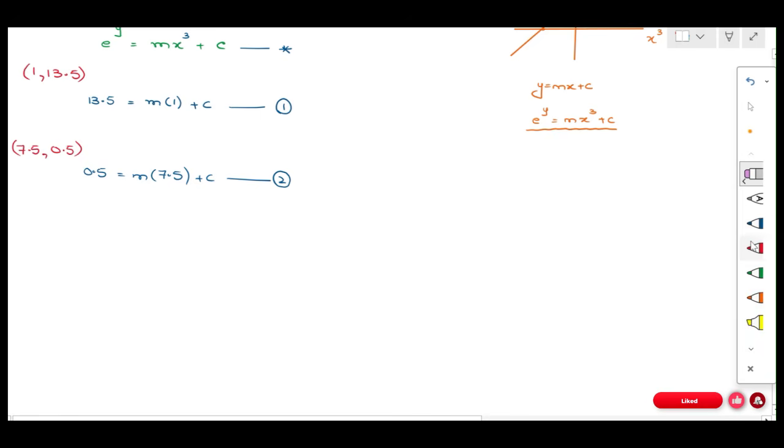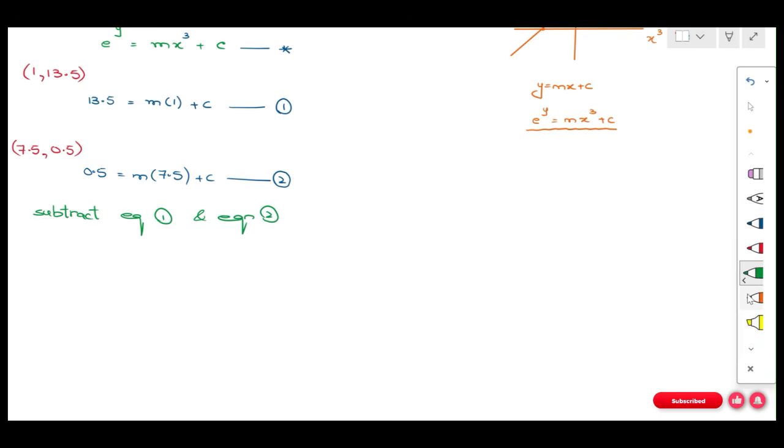If you are canceling the m, then multiply your first equation by 7.5, right? And if you multiply your m with 7.5 and subtract, you can cancel the m. Or if you just subtract the two equations, you can cancel the c. So you can say subtract equation 1 and equation 2.